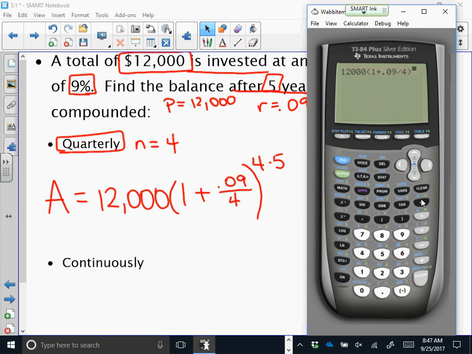And you can raise that. If you have a TI-84, you can take that 4 times 5. If you have a calculator that does not give you that exponent box, you would need to put your exponent in parentheses, or you just have to do that calculation of 20, which you can do in your head.